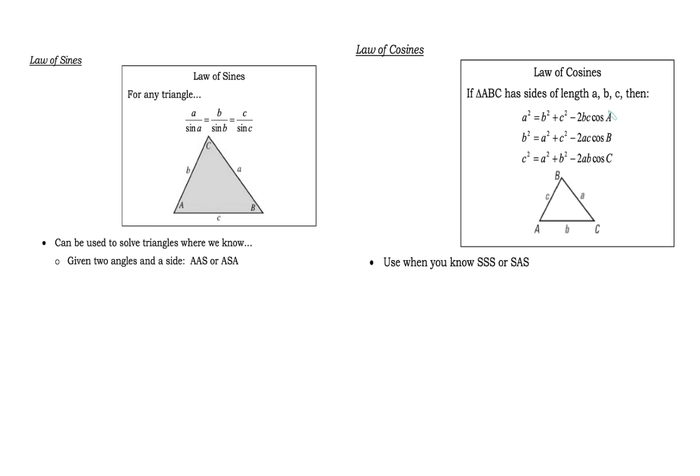If you want to find angle A, then you're going to use this formula. The same thing, if you have to find side b or angle B, your equation starts with b. When do you use the law of cosines? You use it if you're given all three sides or if you're given a side, angle, side.